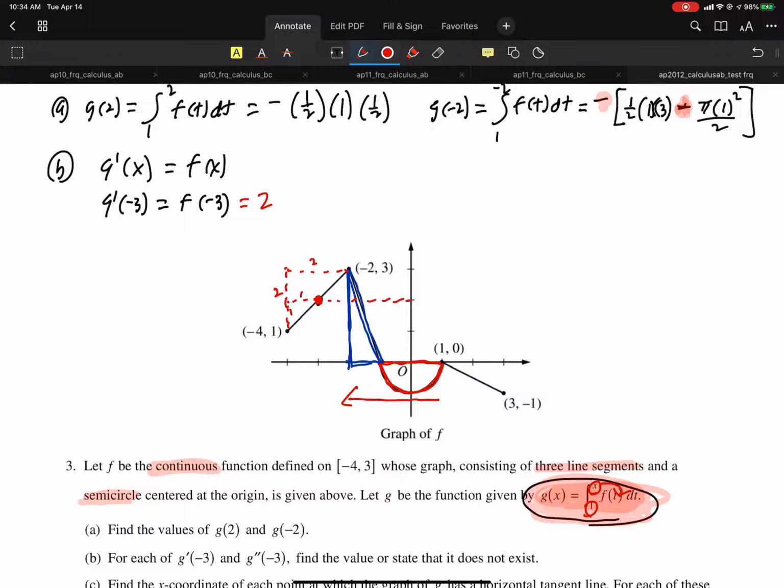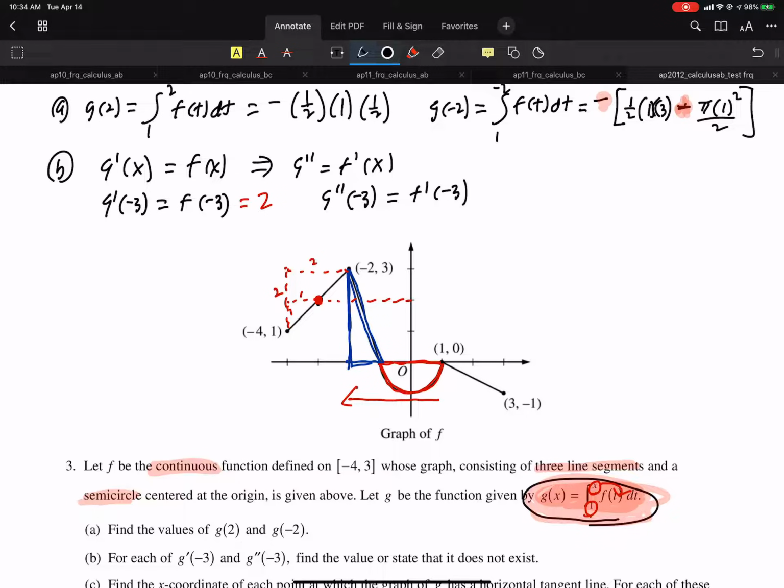Okay, next I need g double prime, because I want g double prime at negative 3. If g prime is f of x, g double prime would be f prime of x. So g double prime at negative 3 will be equal to f prime at negative 3.